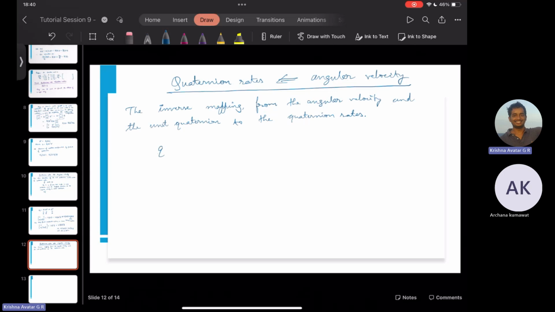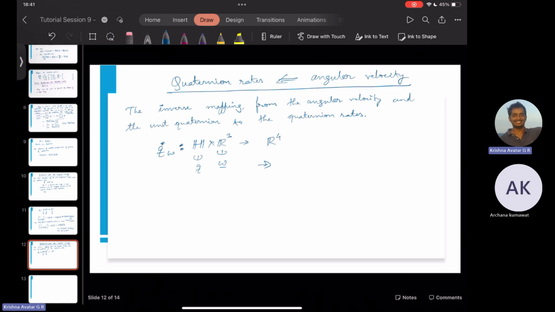So in this case, say we have a Q dot omega, which is just a way of saying that we want to find the quaternion rates corresponding to an angular velocity omega. Now in this case, the map is from H cross R3, where H indicates quaternions, and R3 is the space consisting of the angular velocity omega, and we want it to map to quaternion rates, right?